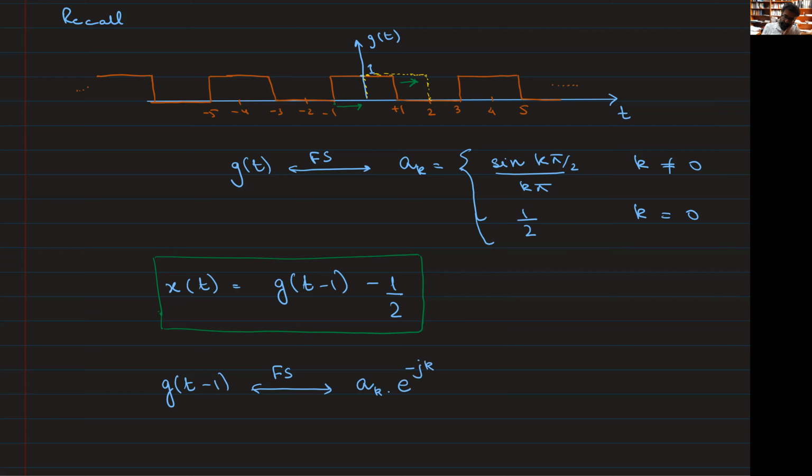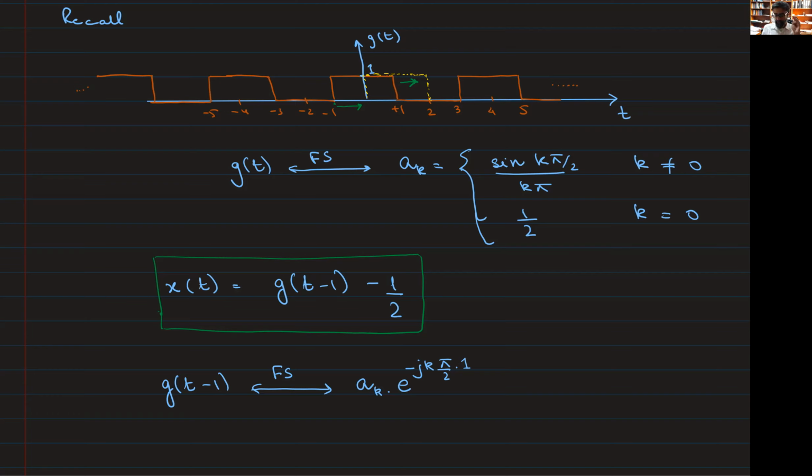Omega naught is 2 pi by 4, which is pi by 2, and t naught is just 1. Is that clear for everyone? Any questions here? So here omega naught is pi by 2, and t naught is 1 second.